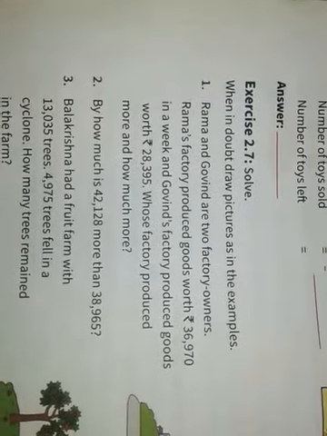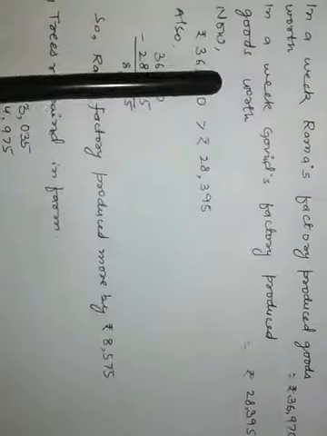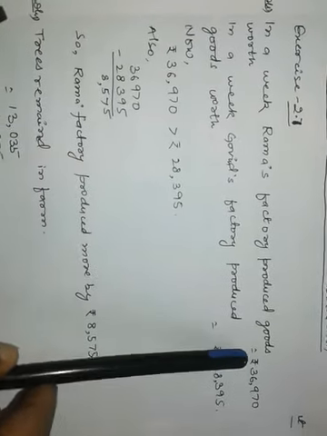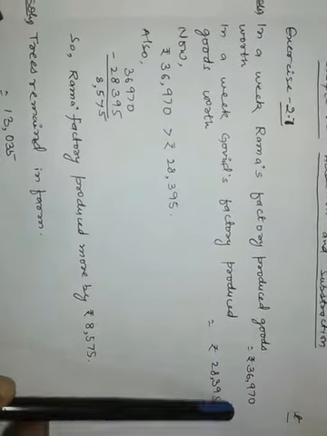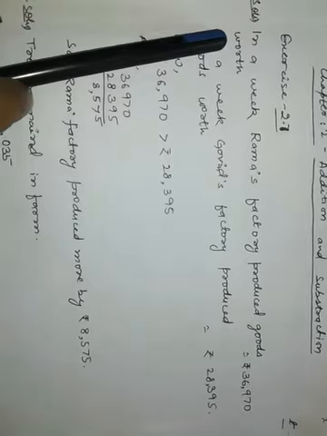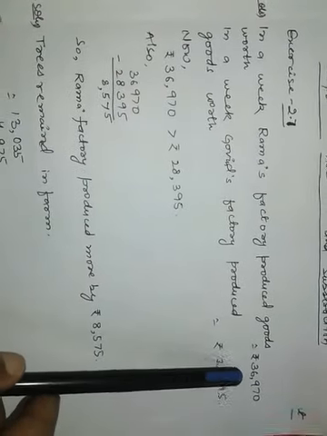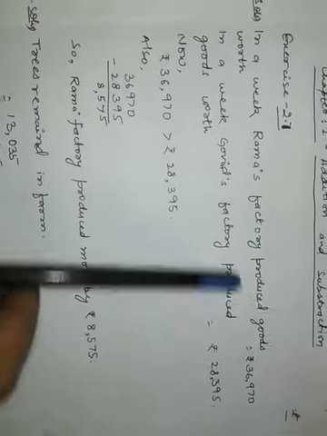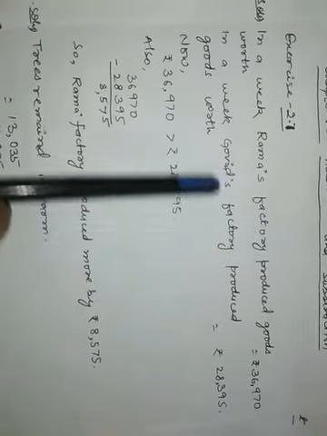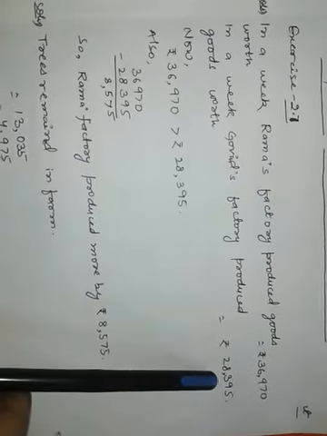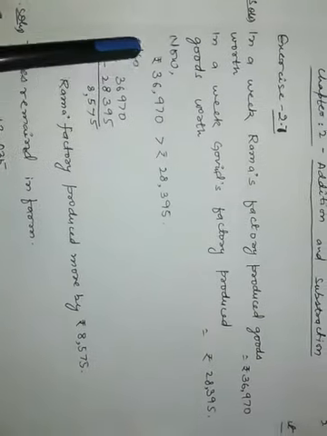Okay, so look how we go. In a week, Rama's factory produced goods worth rupees 36,970. In a week, Govind's factory produced goods worth rupees 28,395. Now we have to compare.